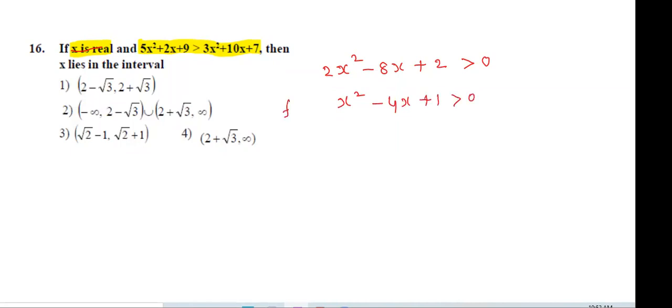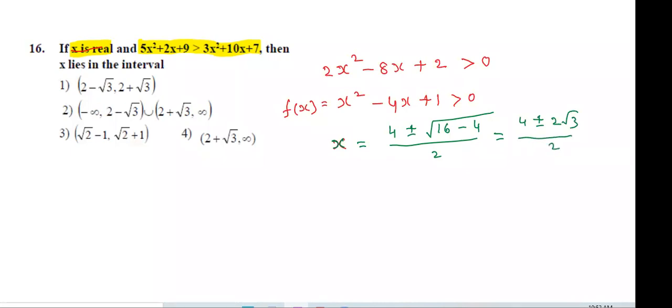So here the given expression is positive. And what is x? Here there are no factors. Use the formula method. Minus b plus or minus under root b square minus 4ac divided by 2a. 4 plus or minus root 12, that is 2 root 3, divided by 2.